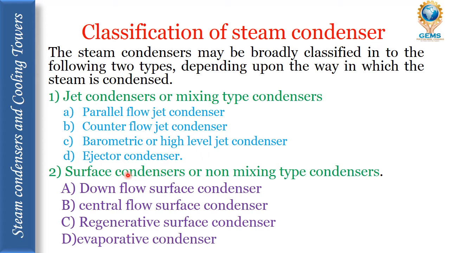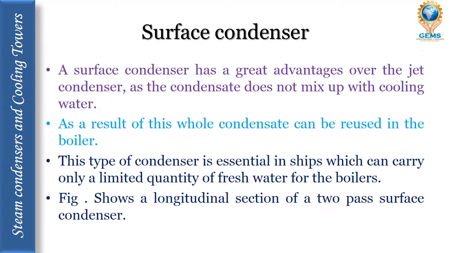The second type is the surface condenser or non-mixing type condenser. Under this there are four types: downflow, center flow, regenerative, and evaporative surface condensers. In our session, we are going to see only the surface condenser.